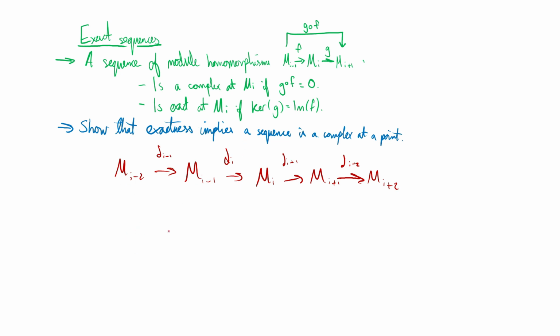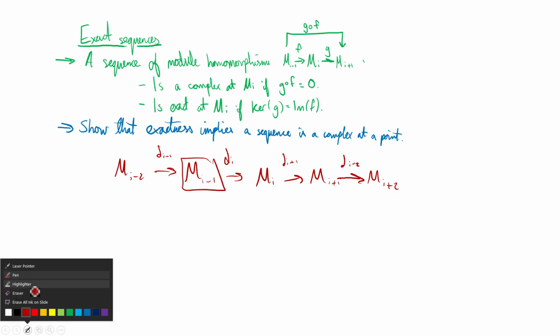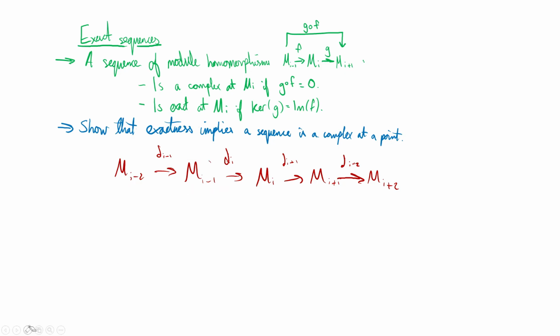I don't know if I've gotten one off on this, but it doesn't matter. Given any exact sequence, you can have one short exact sequence for every single thing here, where the kernel of this is the image of this. Let's just stick to kernels.